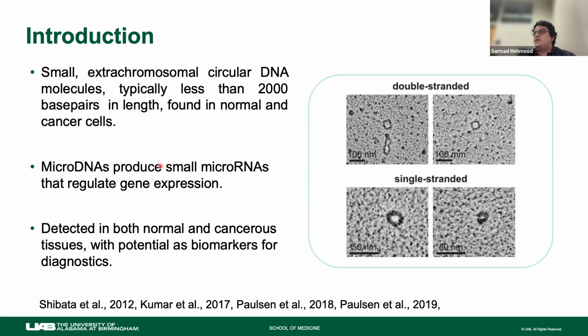They produce microRNAs that can regulate gene expression. They can be detected in both normal and cancer tissues, with the potential of being used as a biomarker. In the figure, I am showing an electron microscopy image where we could see that these microDNAs are shown as double-stranded and single-stranded as well.